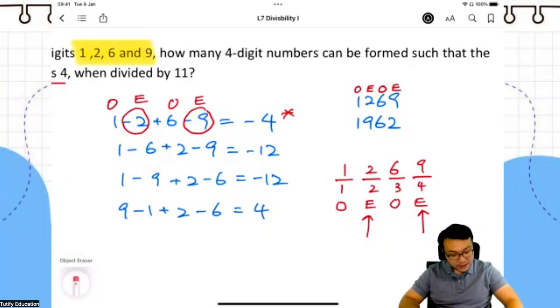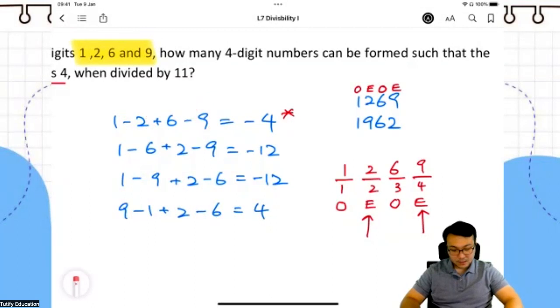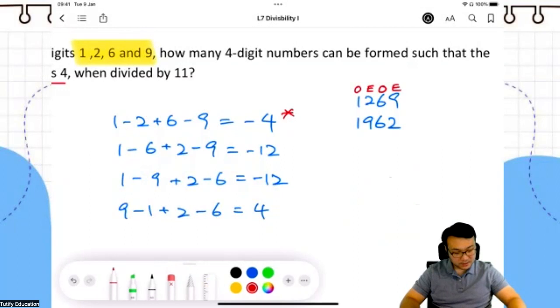The moment I do something like this, then I'm wrong, because now the 9 is going to be positive instead of negative. Yes? Okay, good.